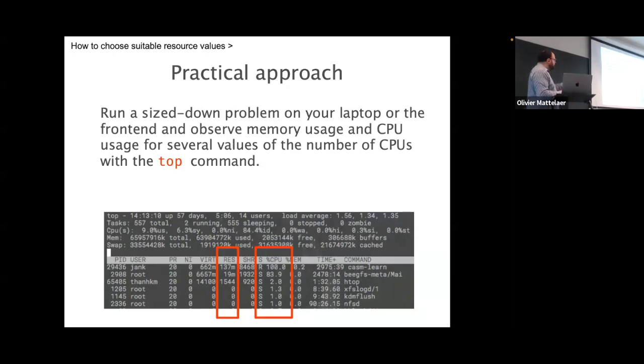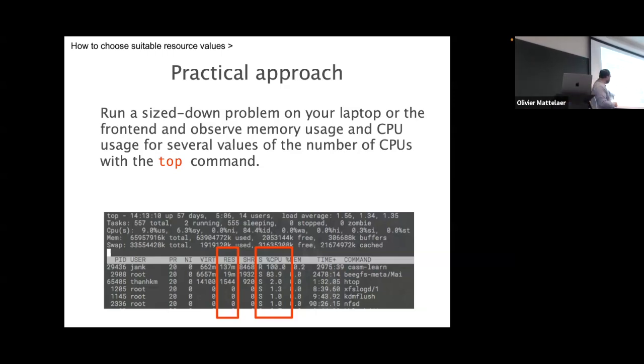So a practical approach to know how much CPU and memory you should request for a job is to run a smaller size version of your program on either the front end or your laptop, and run the top command. The top command will show you all the processes that are running on the machine, and for each process, it will show you the user.